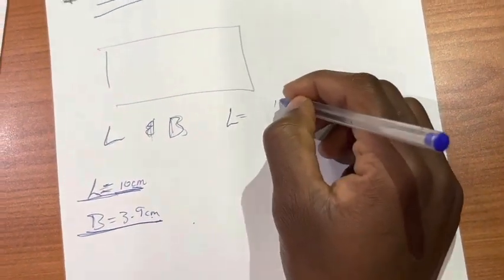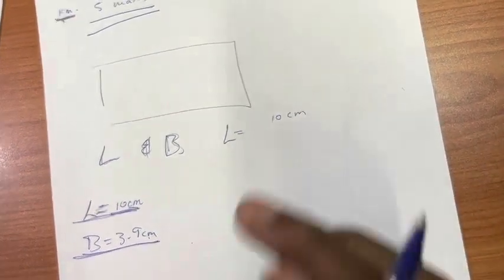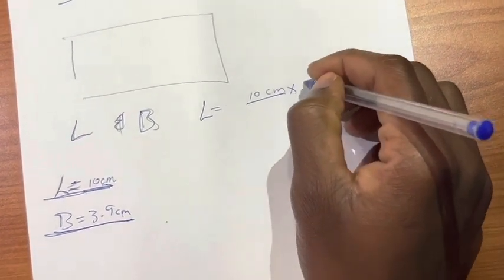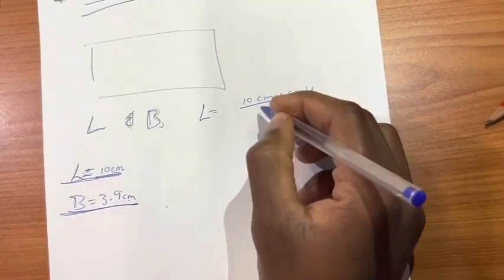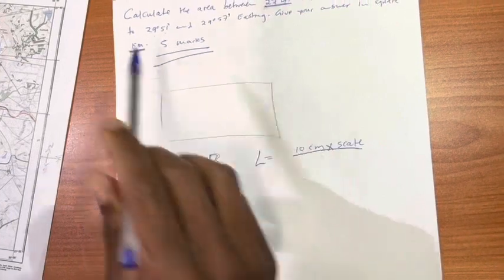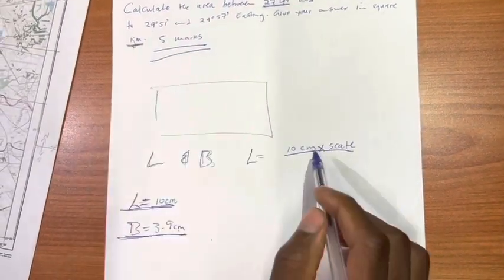Length is equal to 10 centimeters. To convert this 10 centimeters into reality, we need to multiply it with the scale and then divide with the required unit. The required unit is kilometer. Now how can one convert from centimeter to kilometer?